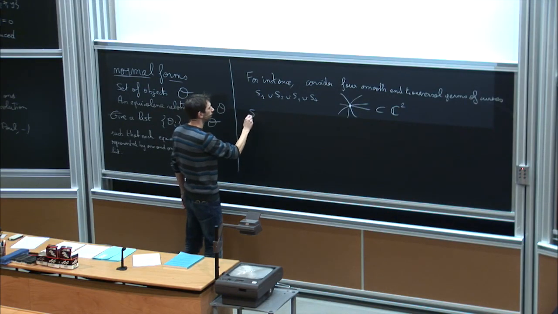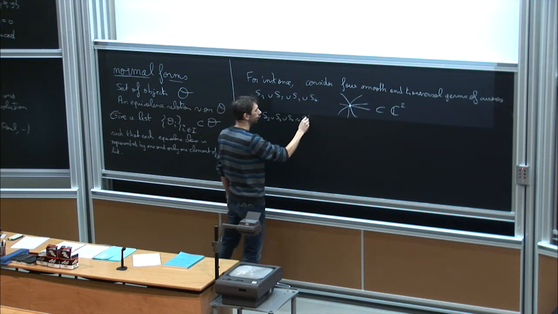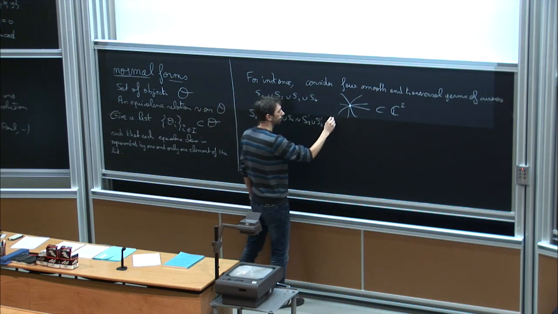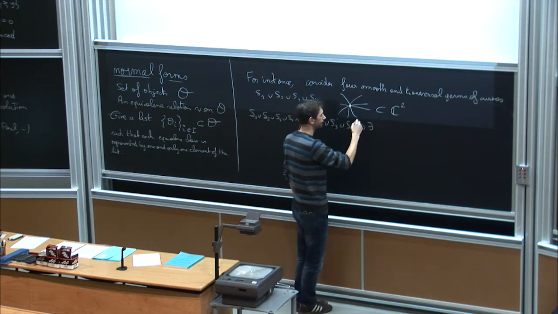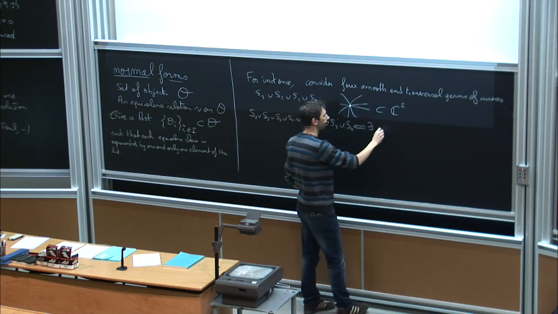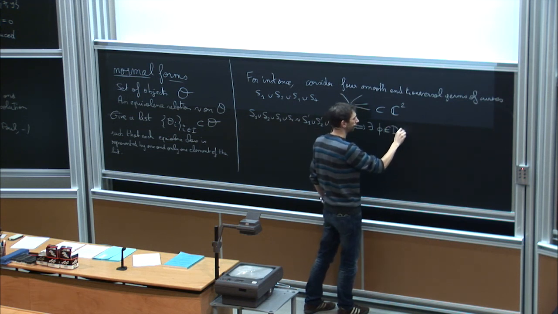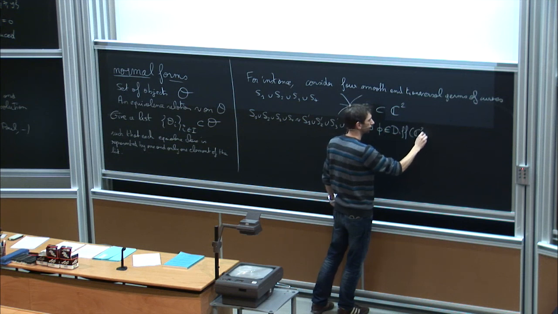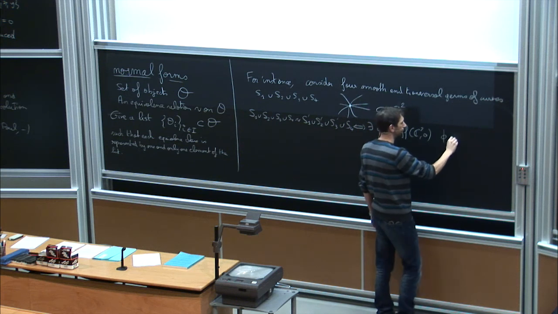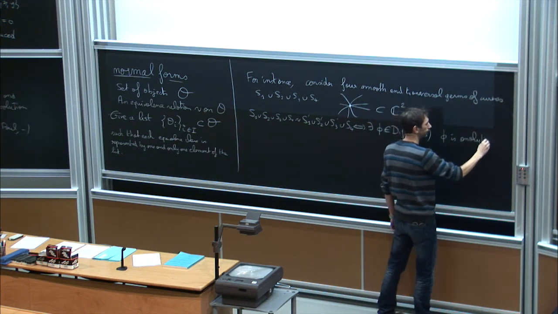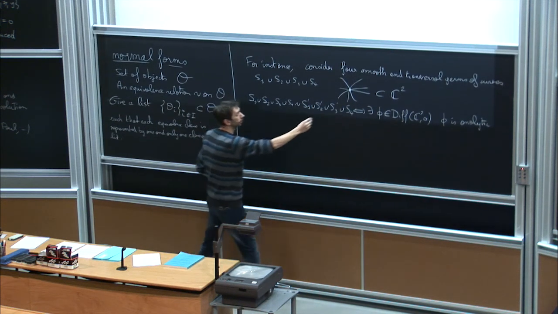We say that this union is equivalent to that one if and only if, so this is the classical analytical equivalence relation, there is an analytical diffeomorphism of the ambient space, so phi here is analytic, such that the image by phi of these four curves is the four other curves.